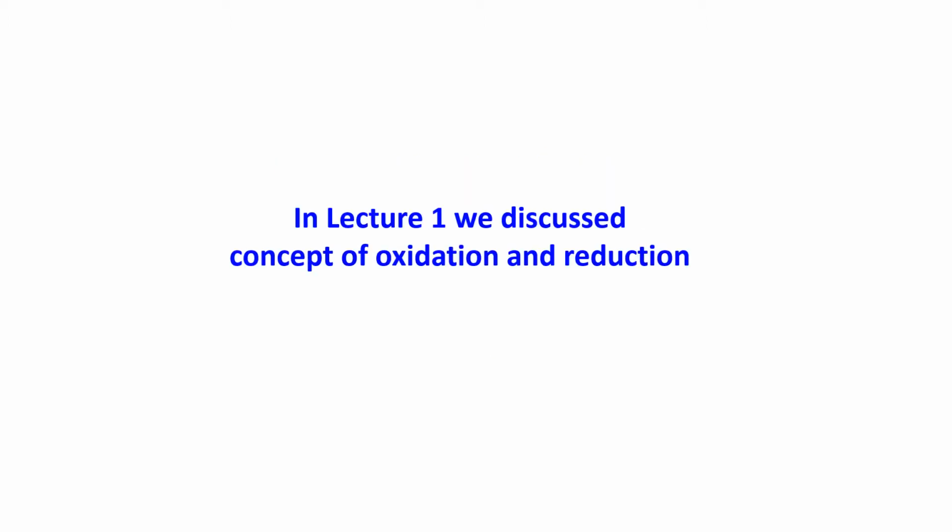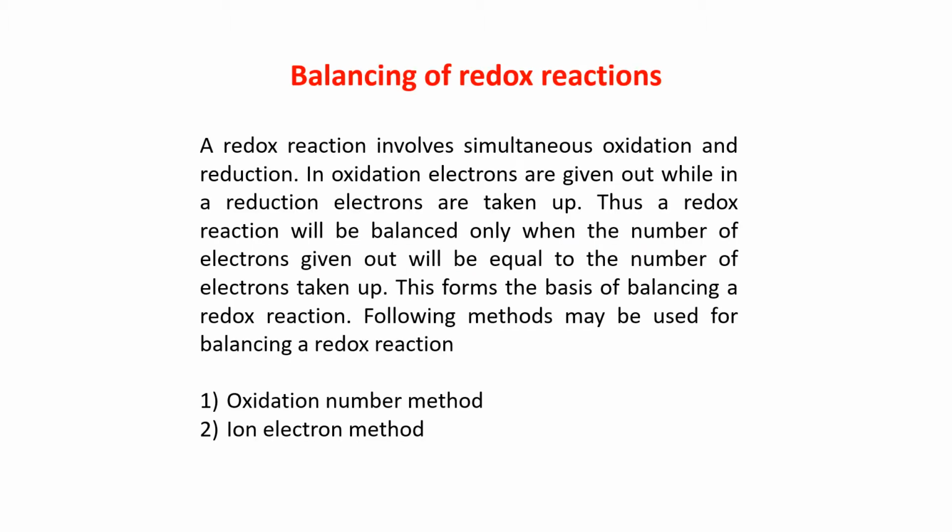In lecture 1, we have discussed the concept of oxidation and reduction. Balancing of redox reaction: a redox reaction involves simultaneous oxidation and reduction. This you all know. In oxidation, electrons are given out, while in reduction, electrons are taken up.